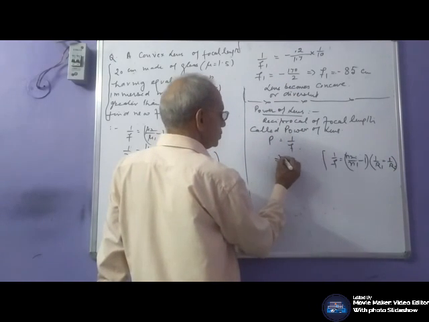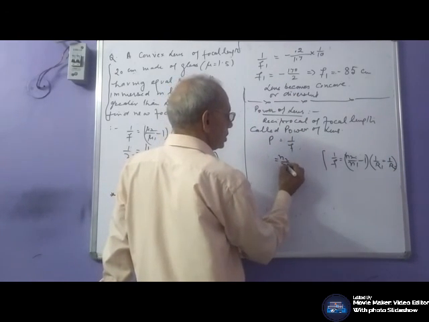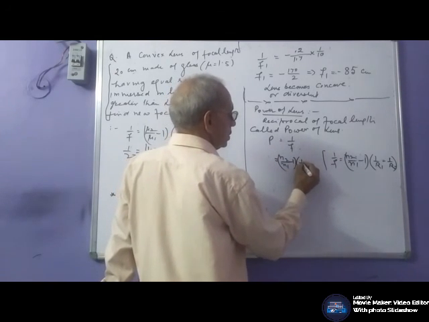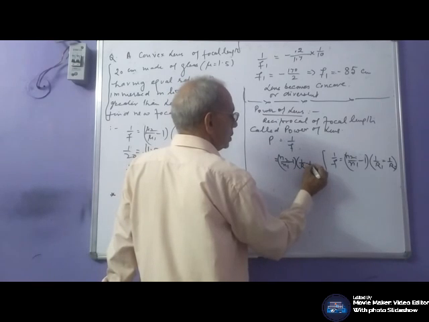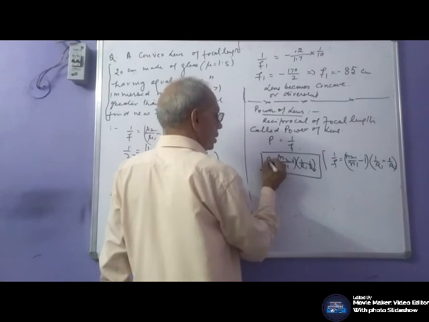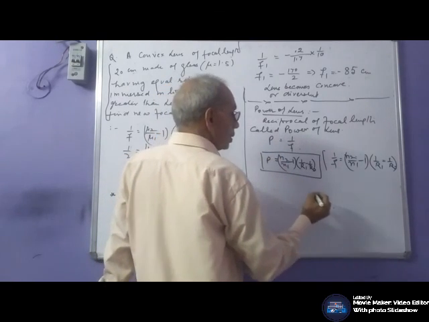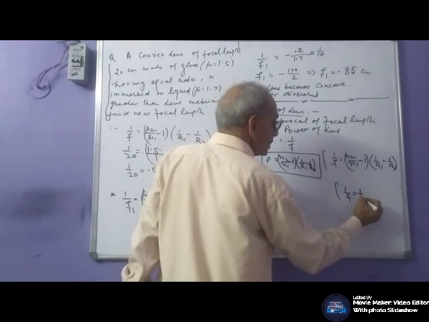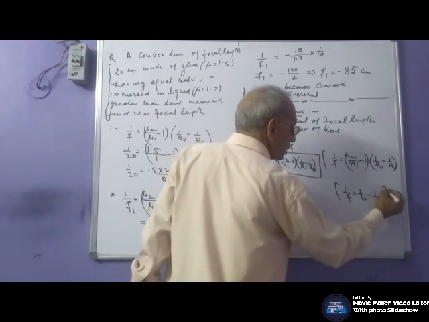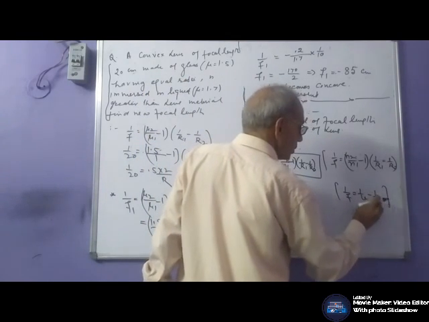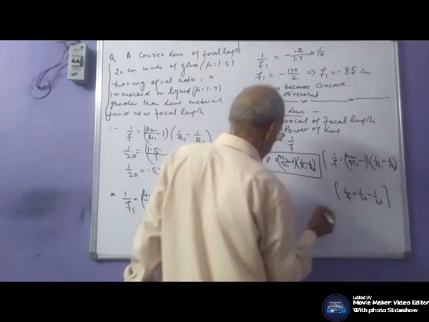So this is power, 1 by f. Lens already read in previous classes.